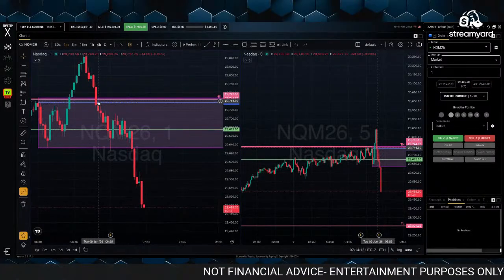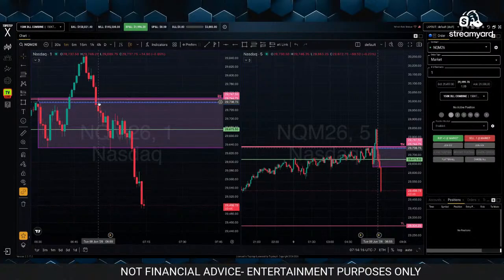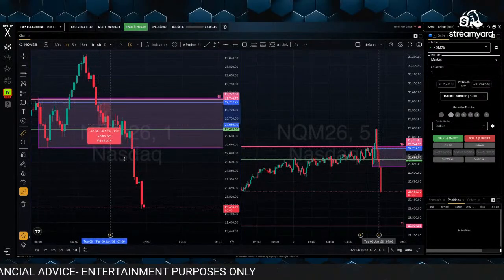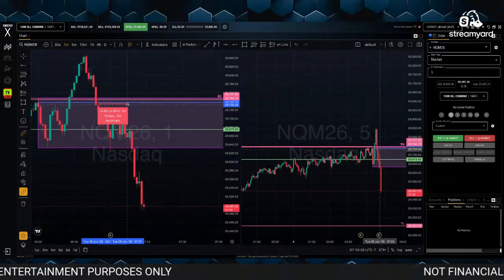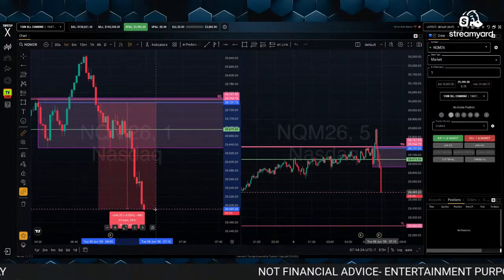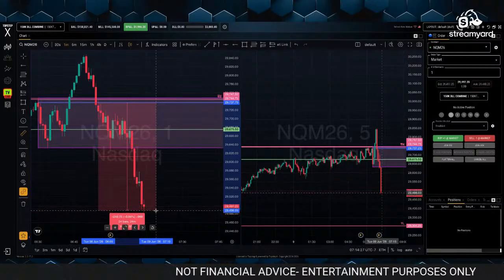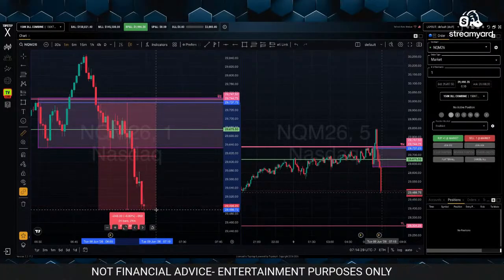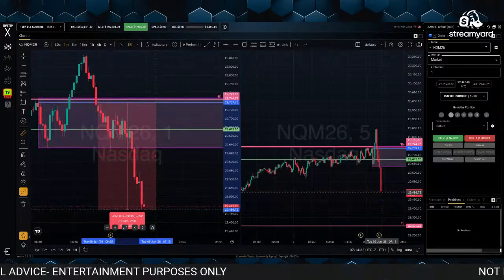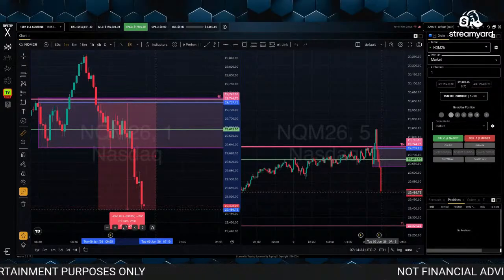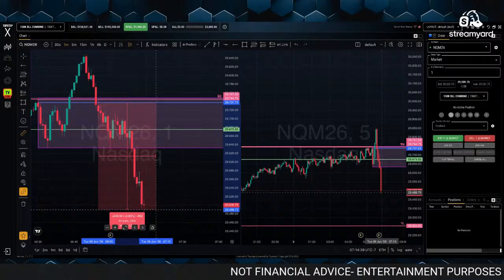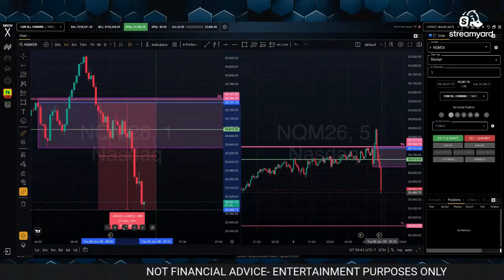Literally, I sold up here by this blue line, and if I would have still been in my trade, it hasn't even gotten back up to that area, but it's already 247 points. So my $20 times 247, that's almost 5K.